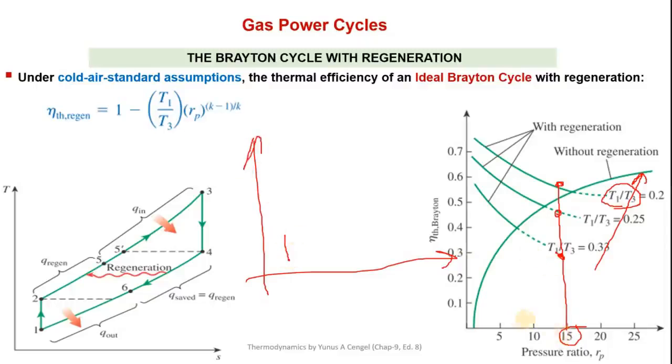So as we see here, at lower pressure ratios the difference between point 1 and 2 is very low, right? And this is the maximum temperature which we can get, that is T3 fixed at the same 1000 Kelvin.